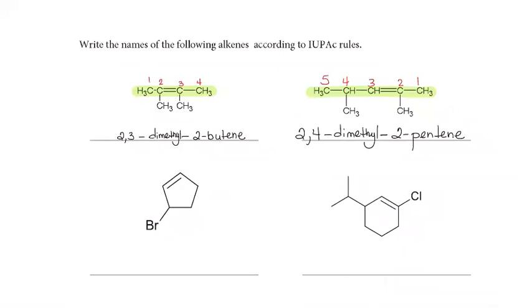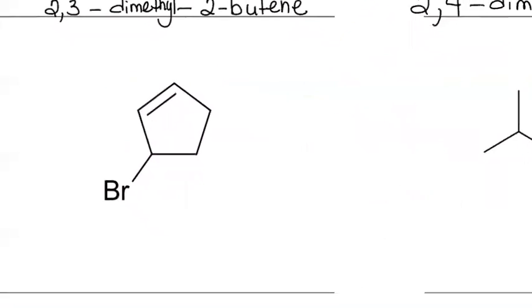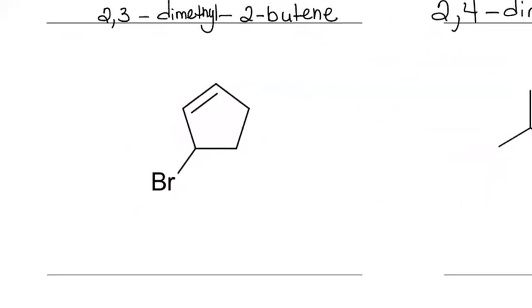Questions about alkenes before we move on to the cyclic ones? Then let's move on to the cyclic ones. Let's look at the first one. Great job in the chat coming up with those names.